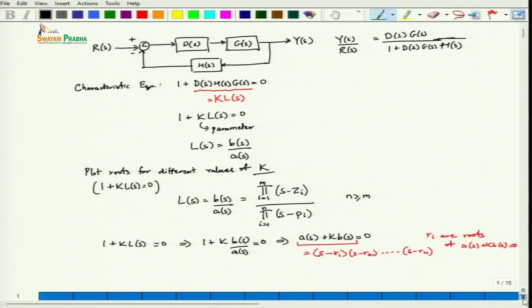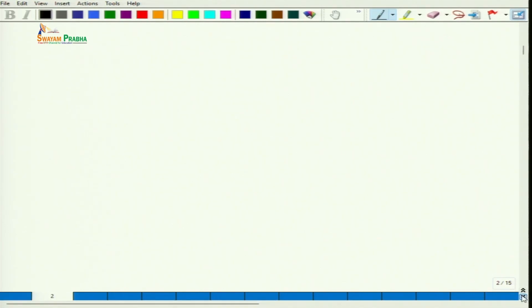So we'll start with a simple example. Let us take an example where the open loop characteristic is L of s equal to 1 divided by s into s plus 1. So in this case, B of s will be equal to 1, A of s is equal to s into s plus 1.